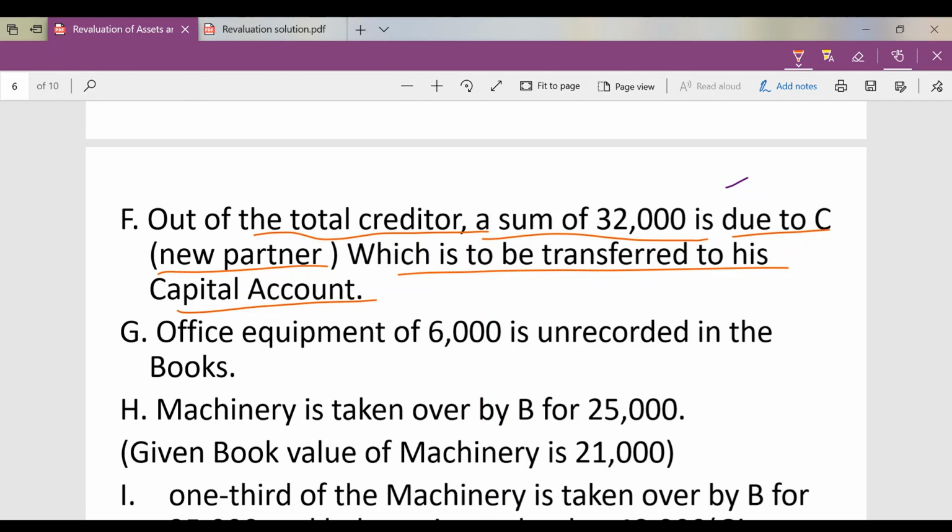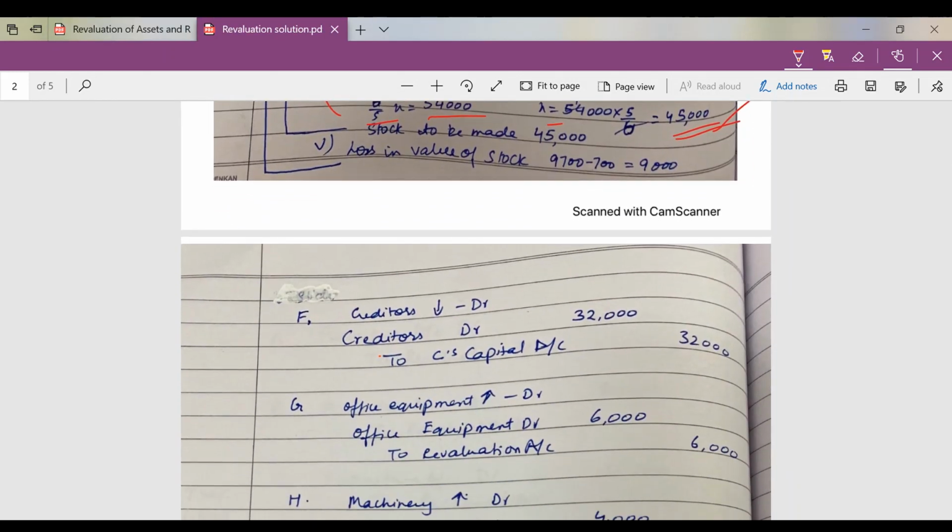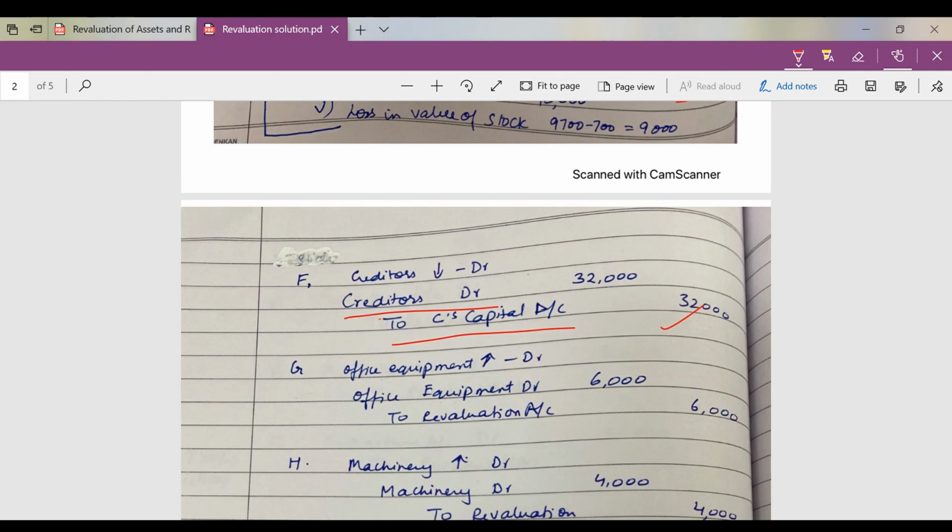Instead of paying him, we are going to close the creditor and transfer it to his capital account. So the entry for that will be creditors debit, we close it by that, and we open C's capital account by 32. So he's not bringing in money. The amount what the firm had to give him, as a creditor, that is being transferred to his capital account.